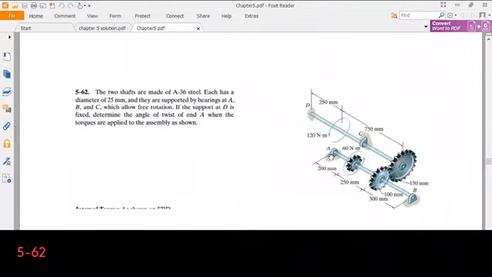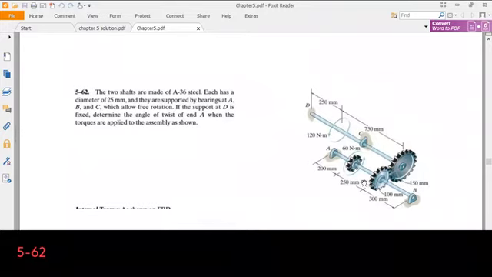Identically, we have the second shaft from A to B. The bearings at A and B allow free rotation, so there is no resistance coming from these bearings. Then there is a torque applied to the gear, which is 60 Newton meters, as is shown in the figure.